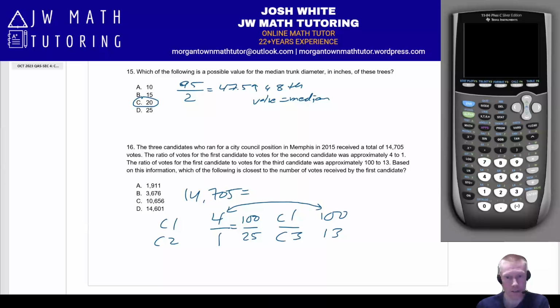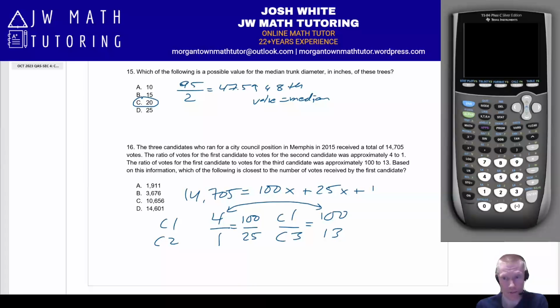So now that you have the same top number in both fractions, with candidate 1 on the top in both, we can say, okay, for candidate 1, there were 100 votes proportionately times some scale factor. For candidate 2, we have 25 votes times some scale factor.